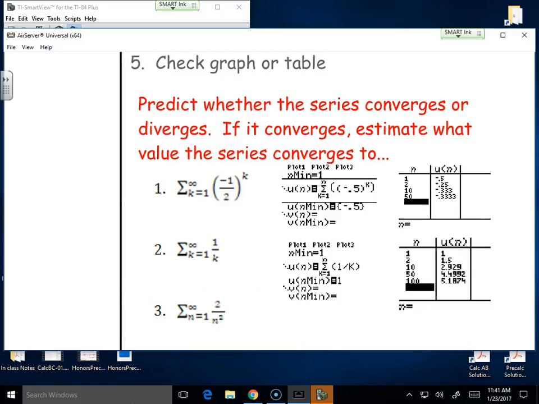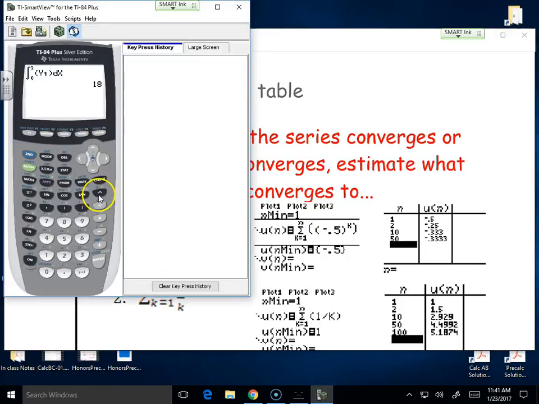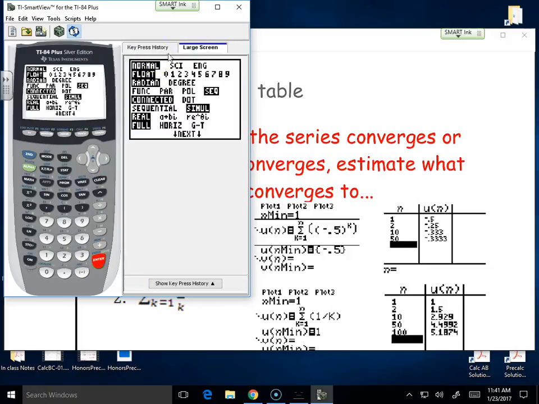Does this make sense how I inputted the first example? And min, 1. Our u of n. Sigma, where do you find sigma in your calculator? Ah, look at you guys, I found it. I put it in my sequence mode.